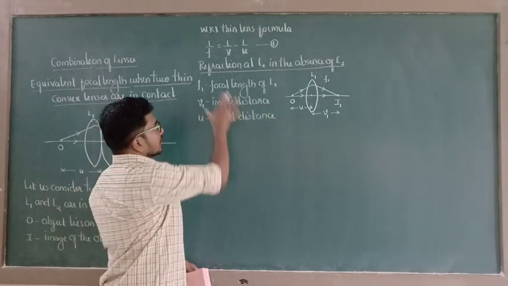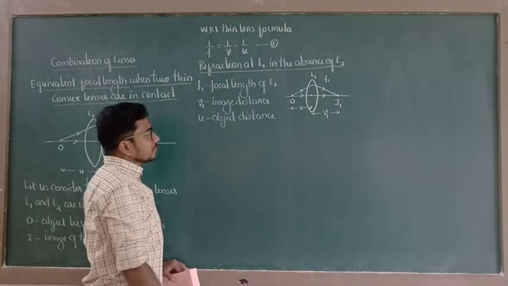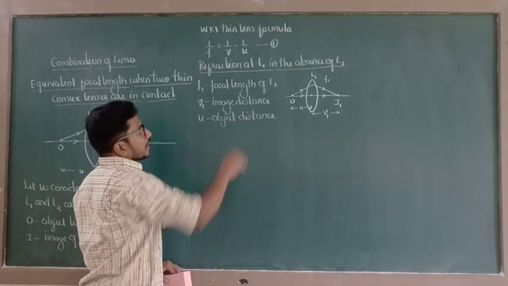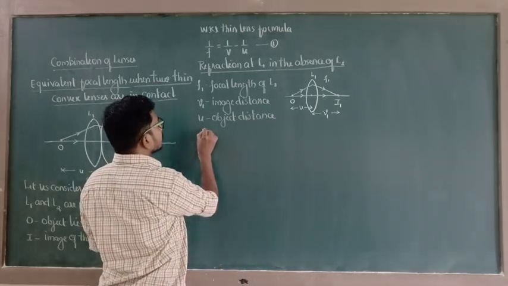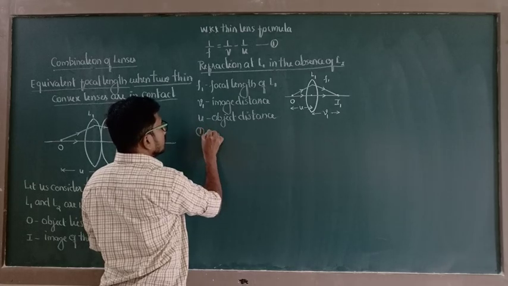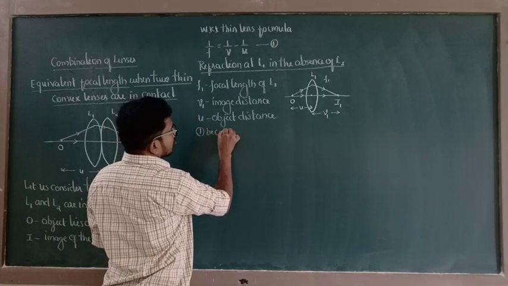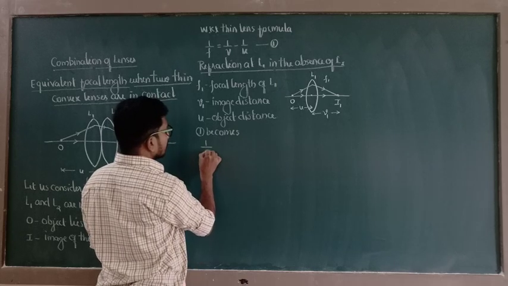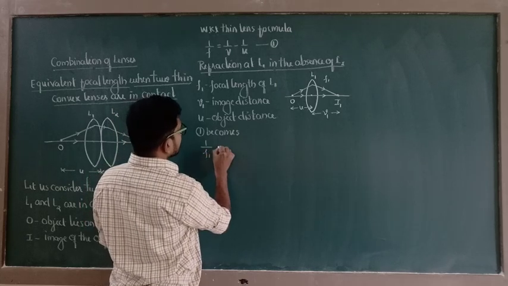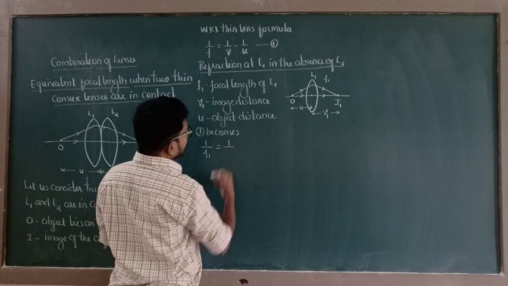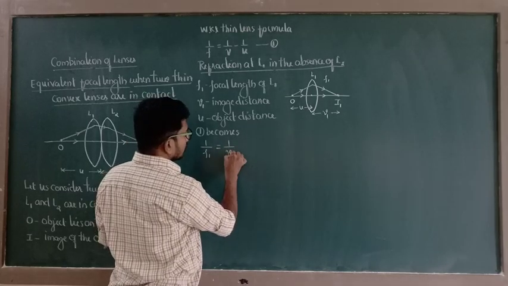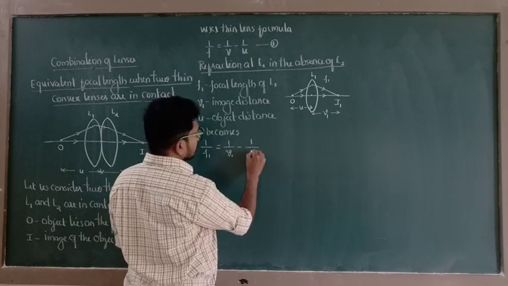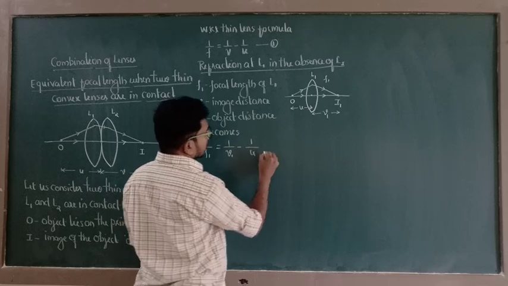Then by substituting these terms in equation number 1, that means I am going to apply the thin lens formula for this L1 lens. Equation 1 becomes 1 by F, instead of F, I am going to write F1. So this is equal to 1 by V, V is equal to V1, minus 1 by U, U is equal to U. Equation number 2.